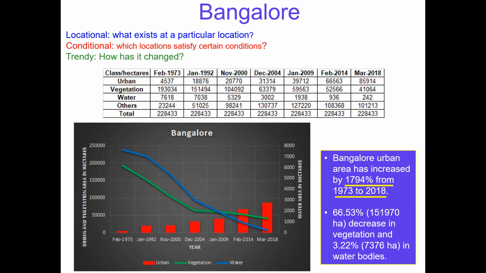It has reduced by 3.22%. Already the percentage of water spatial distribution was low, and a 3.22% decrement is actually a big number in terms of hectares. So very nice information was revealed in the form of trends. What is the current trend that is existing across the city?